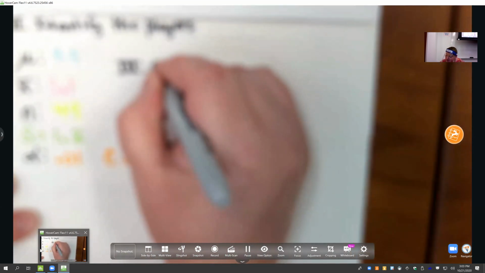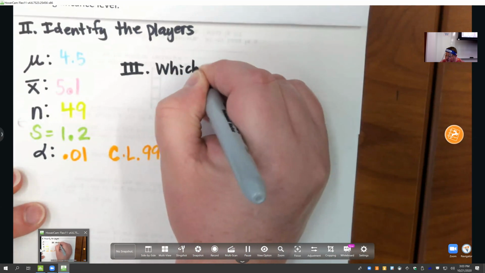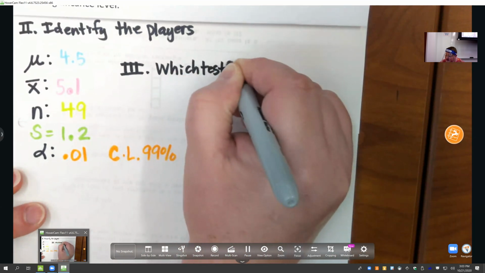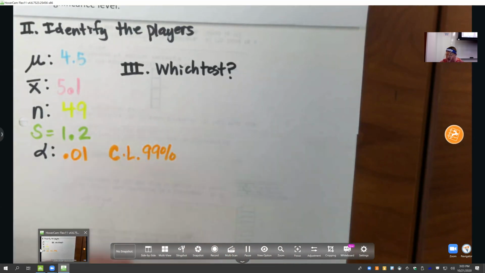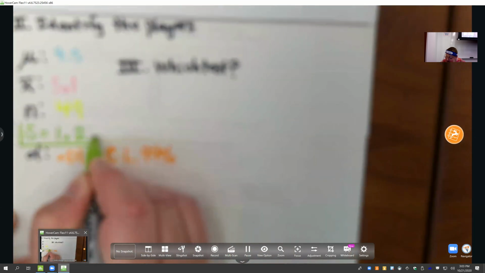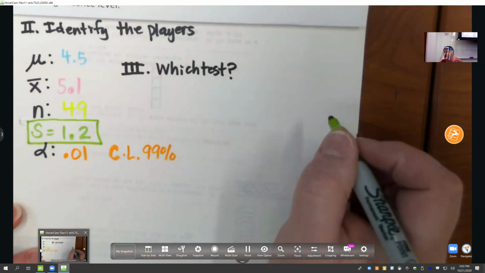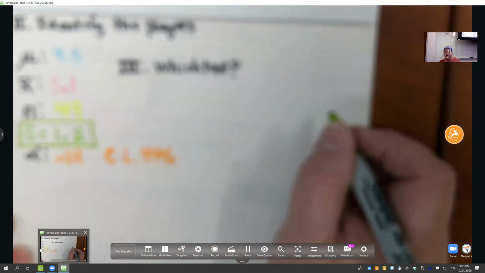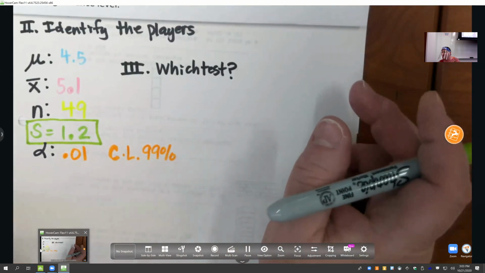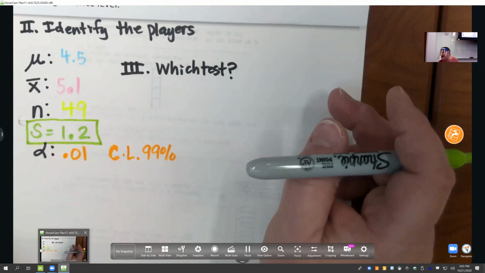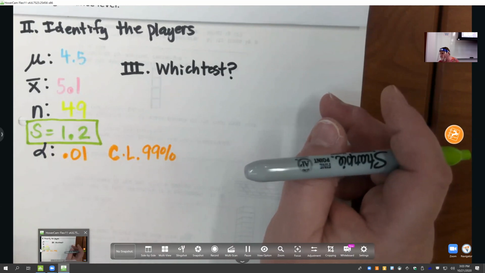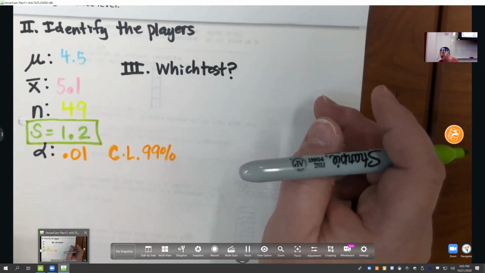Step 3, we have to decide which test. Again, we decide which test we're going to do primarily based on whether we know the sample standard deviation or the population. In this case, Trey, this goes back to the question you asked me a minute ago, because I actually do have a large sample, but I don't know the population standard deviation.